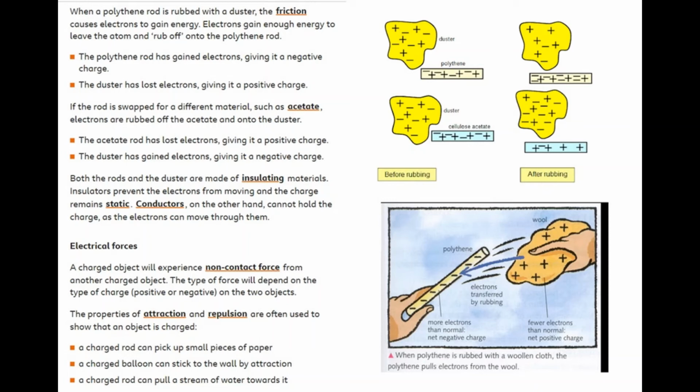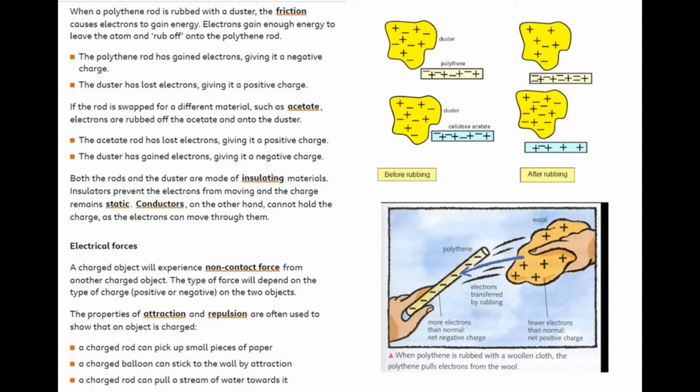Let's look at the duster and the cellulose acetate. Now the cellulose acetate will be neutral, and the duster will also be neutral. When you apply friction to both objects, the electrons will move from the cellulose acetate into the duster, meaning that the electrons will be transferred, and therefore the duster will be more negative and the cellulose acetate will be more positive.